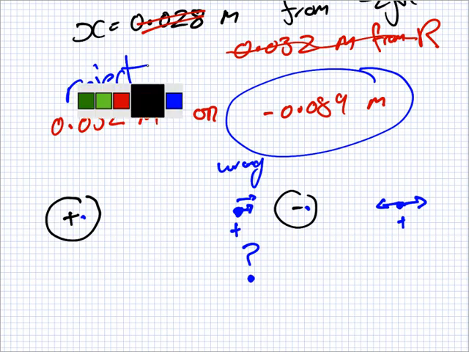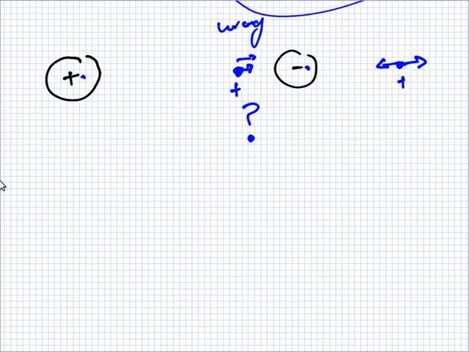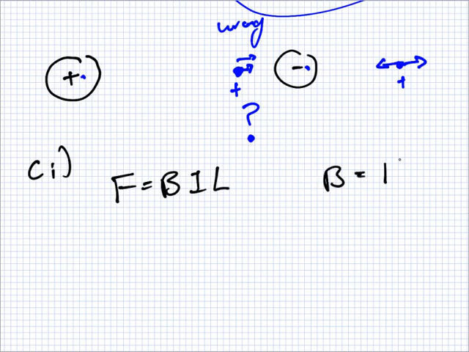Okay. I thought he did something somewhere. See part 1. Define magnetic flux density. So I think the easiest formula to use might be this one, F equals BIL. So B will be F over IL.